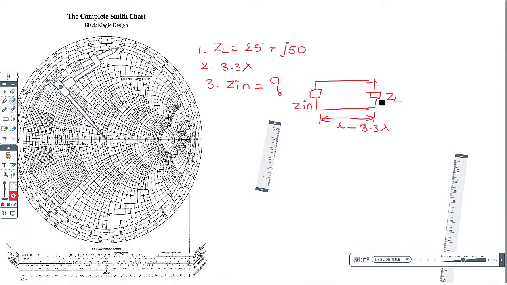So we have to move from ZL to Z in, so we have to move towards the generator. So remember it, then we are using it afterwards.